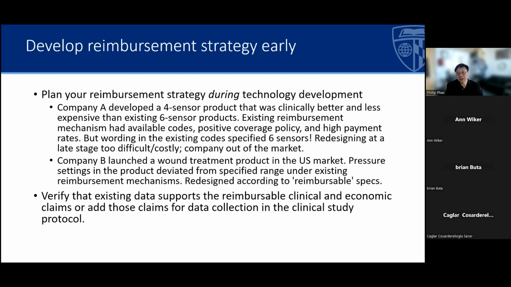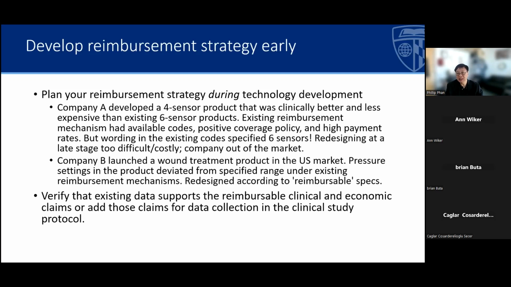There's another company that launched a wound treatment product. This is a device that applies pressure to traumatic wounds to hasten healing. They had varied the pressure settings because it was supposed to provide better benefit.